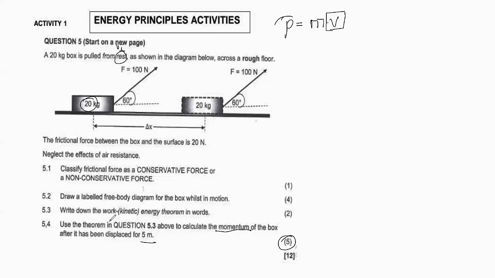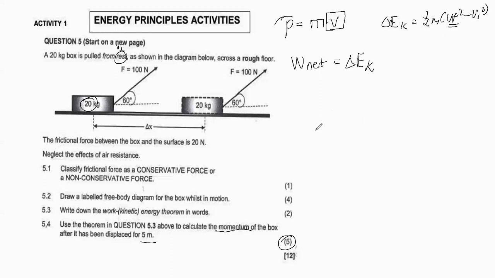Now the theorem that we are told to use is the work energy theorem. So W net is equal to change in EK. If we break down our change in EK to half m (vf squared minus vi squared), the velocity that we are actually looking for will be the V final.